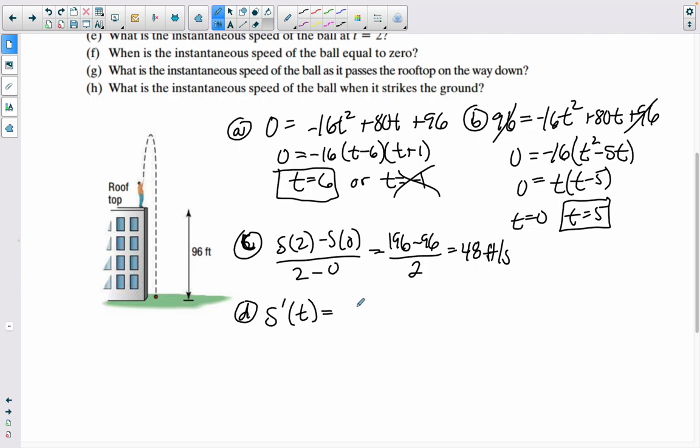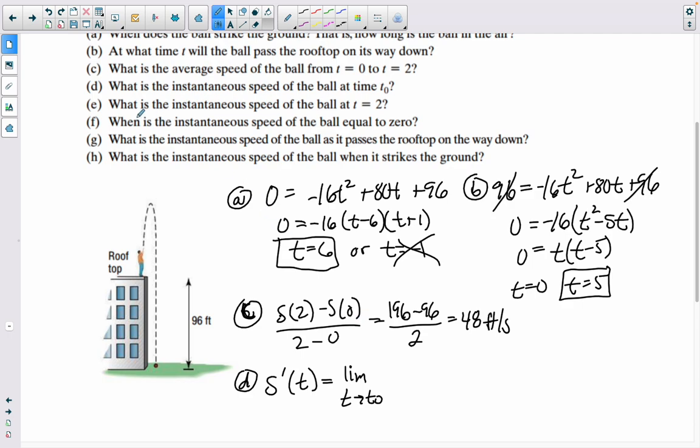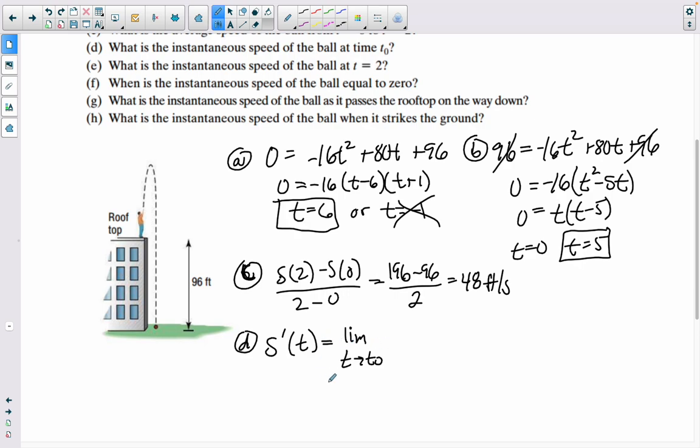Okay, so this is going to be the limit as t goes to t naught, right? Sorry, so reading the question again, I misread it. What's the instantaneous speed of the ball at time t naught? So I'm finding s prime of t naught.